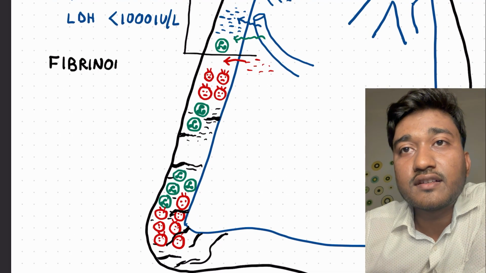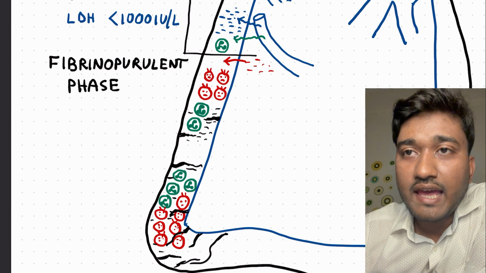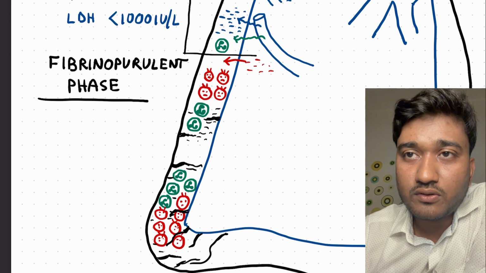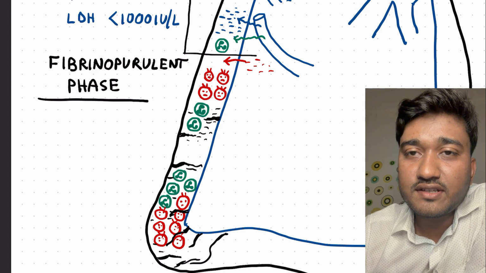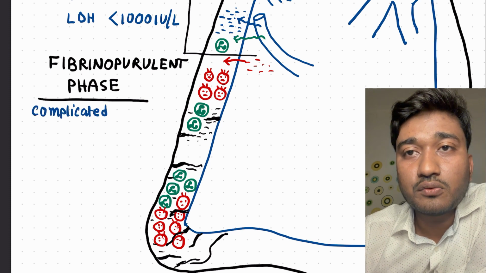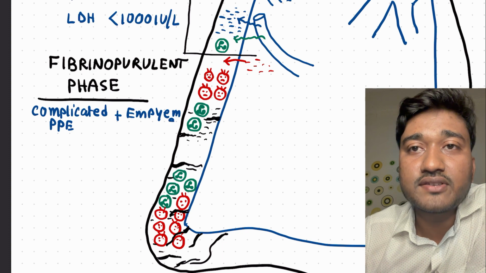Fibrinopurulent means bacteria are present, as well as dead or dying neutrophils and macrophages, and a few septations. Compared with what we discussed previously, this is complicated parapneumonic effusion plus empyema.